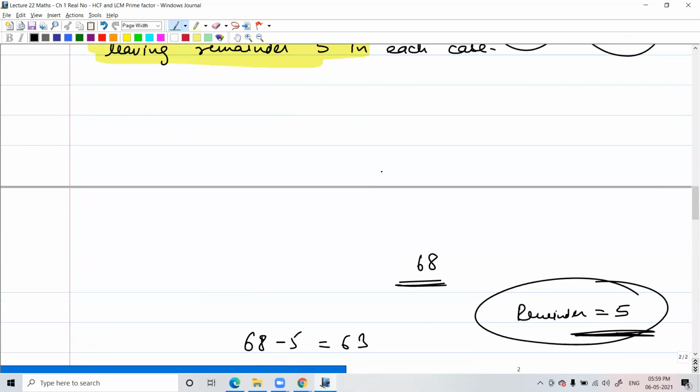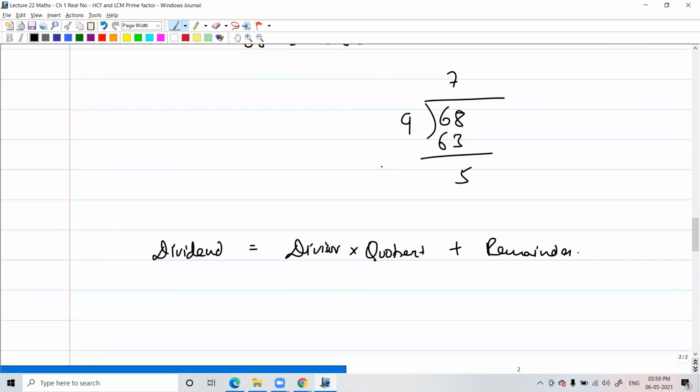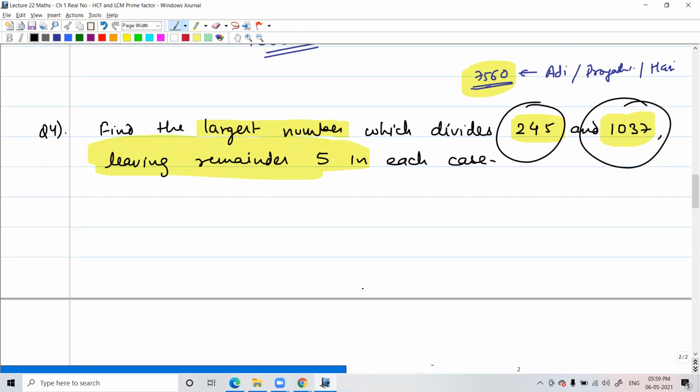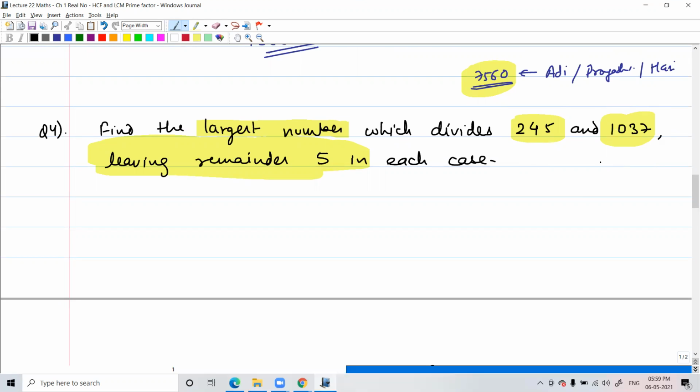So what they have given you is a number 68, and when you divide this 68, can you once again show that question, sir? Yes, 245 and 1037. It should leave a remainder of 5.